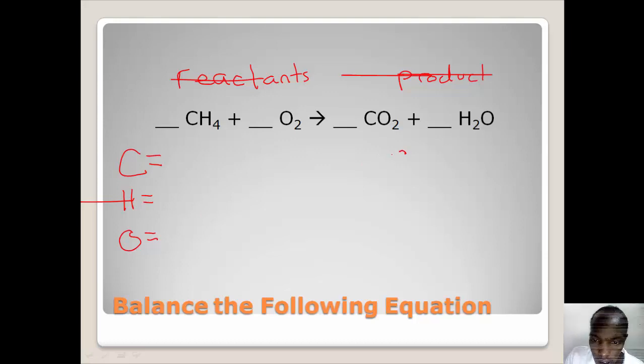Then we have C, H, O. Alright, so let's see how many carbons we have on this side. Because it has no number beside it, it is a 1. For hydrogen, it's 4. And for oxygen, it's 2.